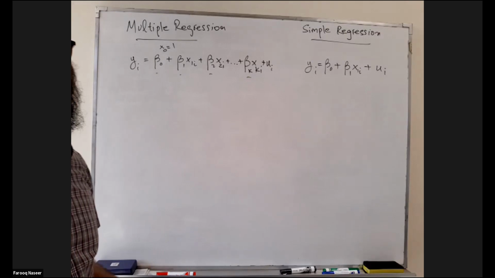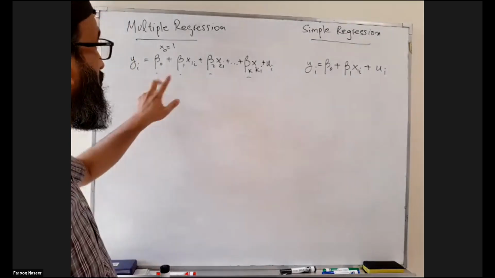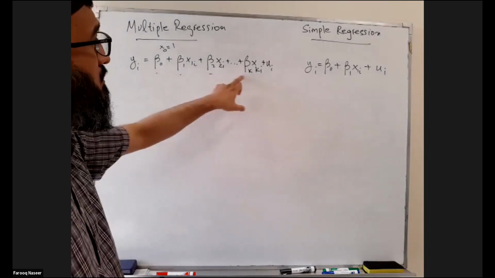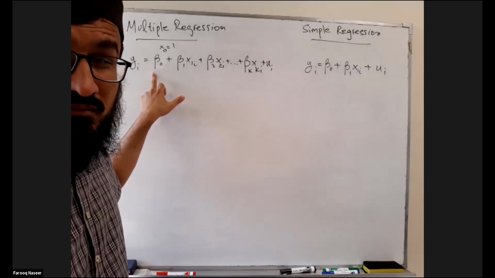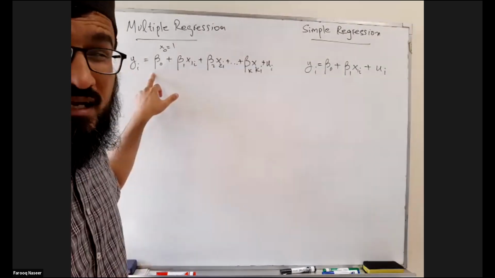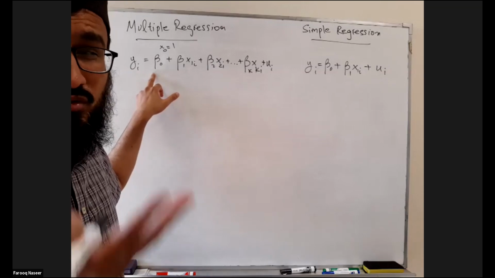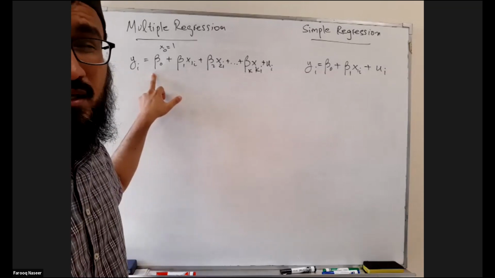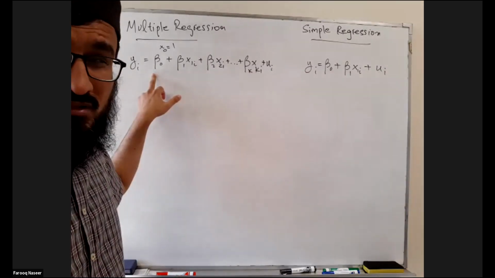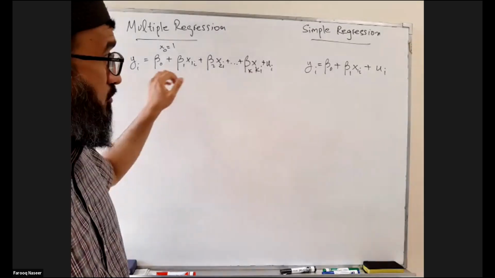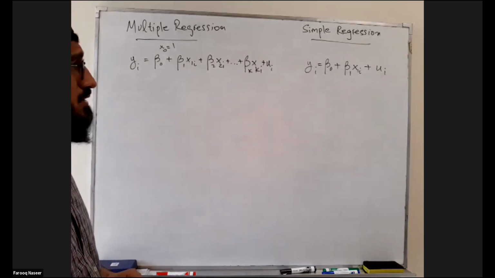The only difference would be that you will be minimizing the objective function with respect to not 2 parameters, but with respect to all of these beta parameter values, k plus 1 parameters. So you will differentiate that objective function with respect to each coefficient, put that equal to 0. So you will get k plus 1 equations in k plus 1 unknowns. You can solve that system of equations simultaneously and obtain the OLS formulas for each of these estimators.